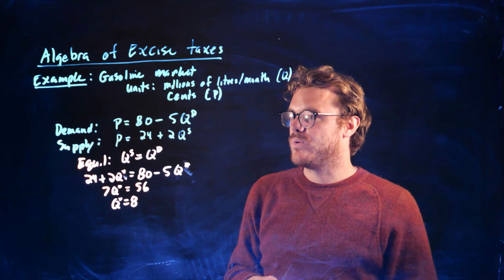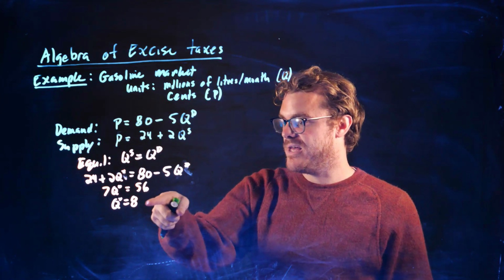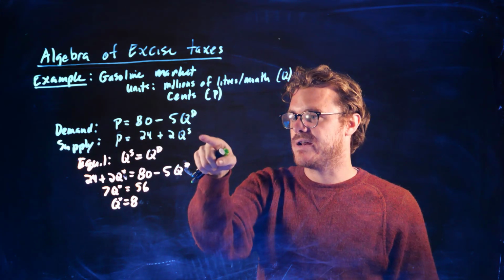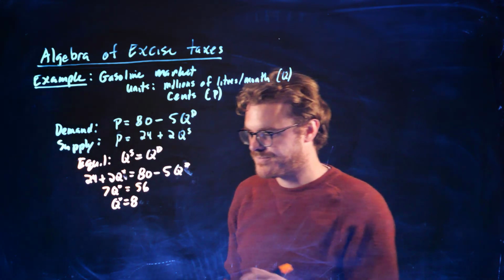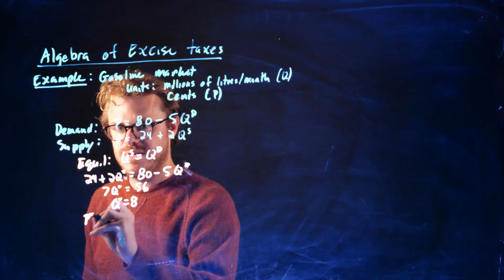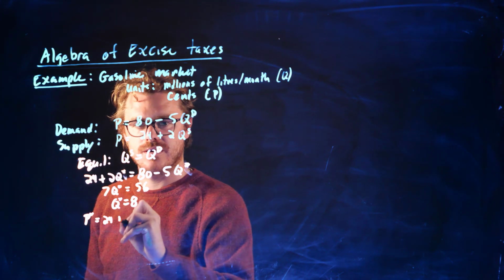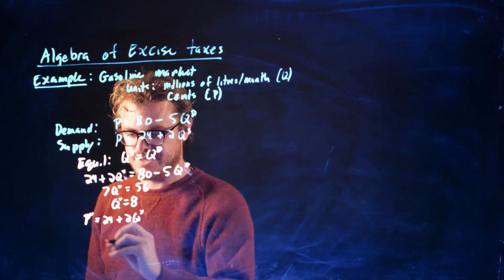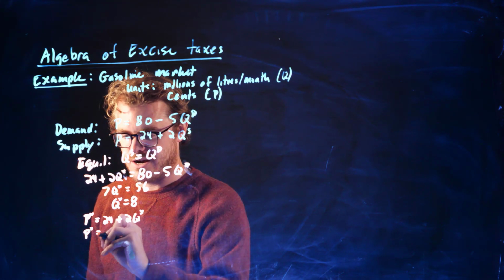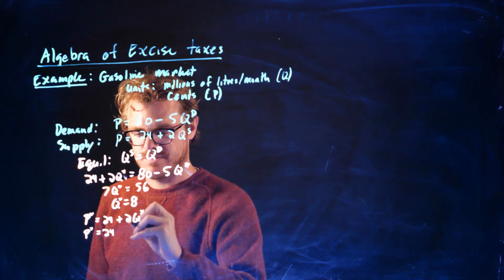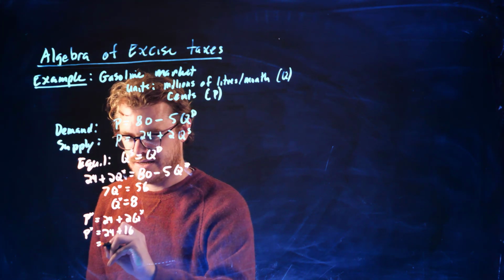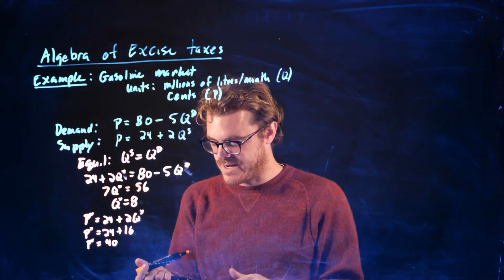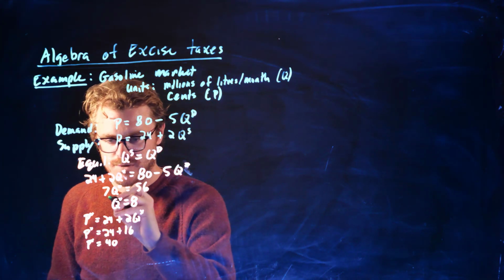Then we can figure out what our price is by plugging this Q star back into either one of these supply or demand curves. Doesn't matter which one. P star equals 24 plus 2 times Q star. We'll just do it in a couple steps. So P star equals 24 plus 16 equals 40, if my math is right here. Always questionable.